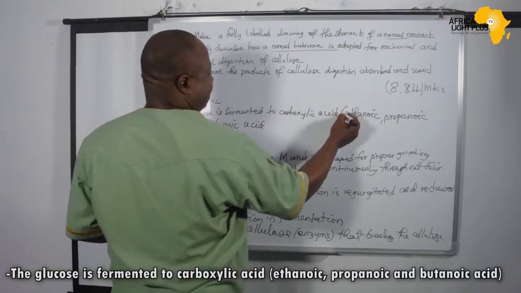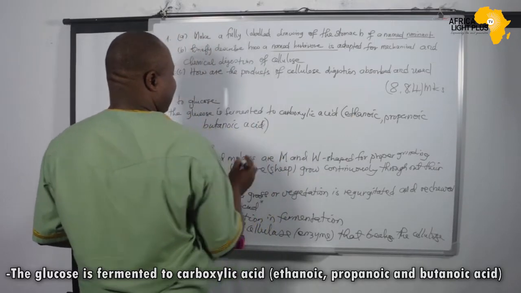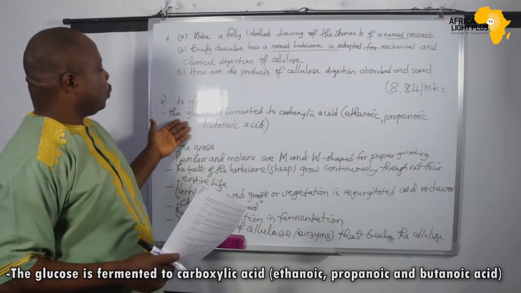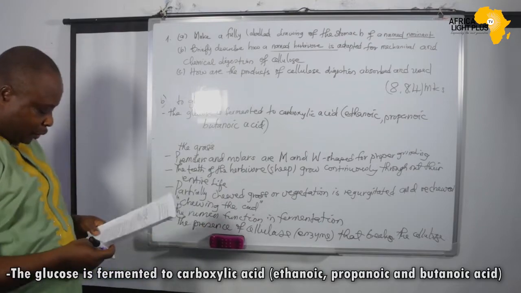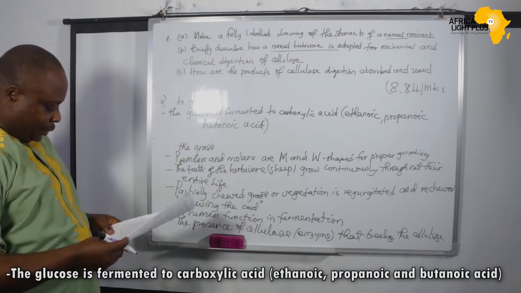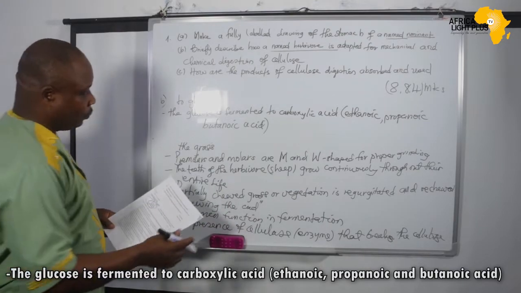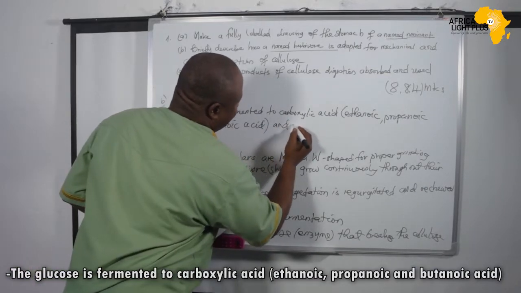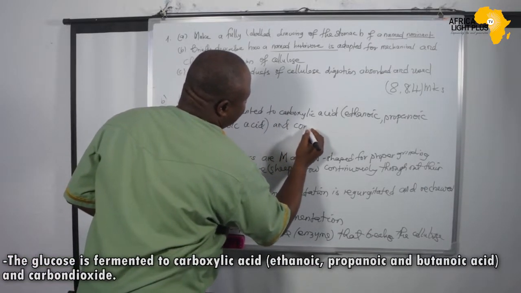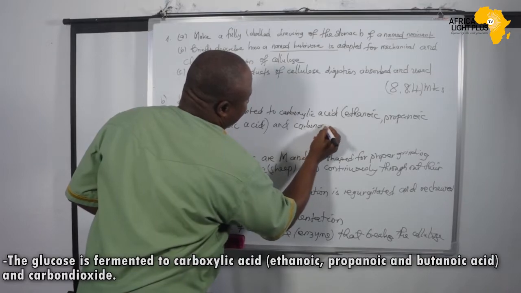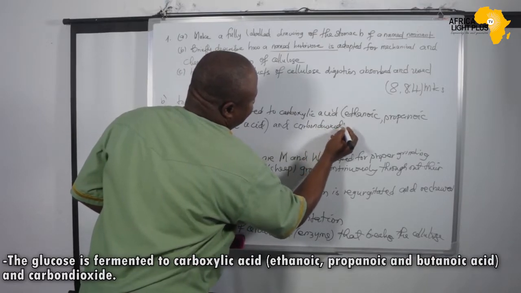So these are the main acids that the glucose is fermented into, which are absorbed by the sheep, and carbon dioxide.